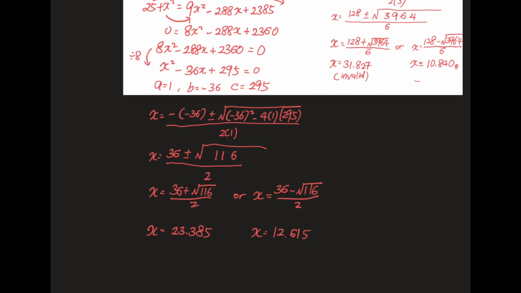Okay, so again, when you look at the picture, we should know that x is part of the whole length of 16 meter, and because of that our x value should be smaller than 16. We can't take 23, we have to take 12.615. So we write invalid for this case. So this is invalid, and the answer will be this. Okay, so we settle these questions.